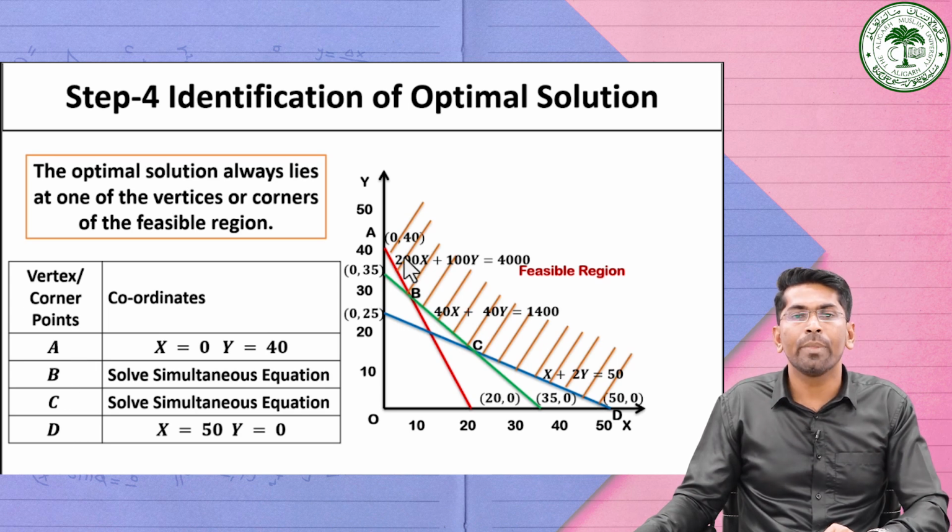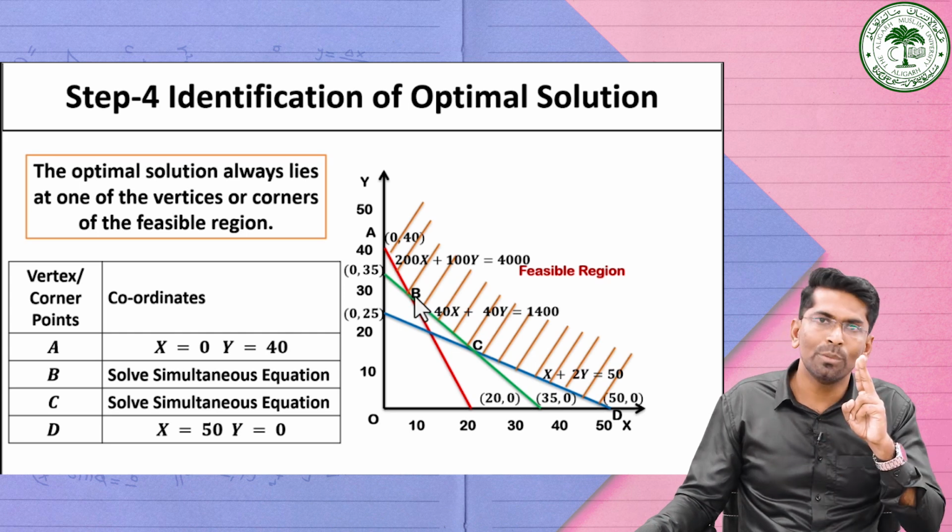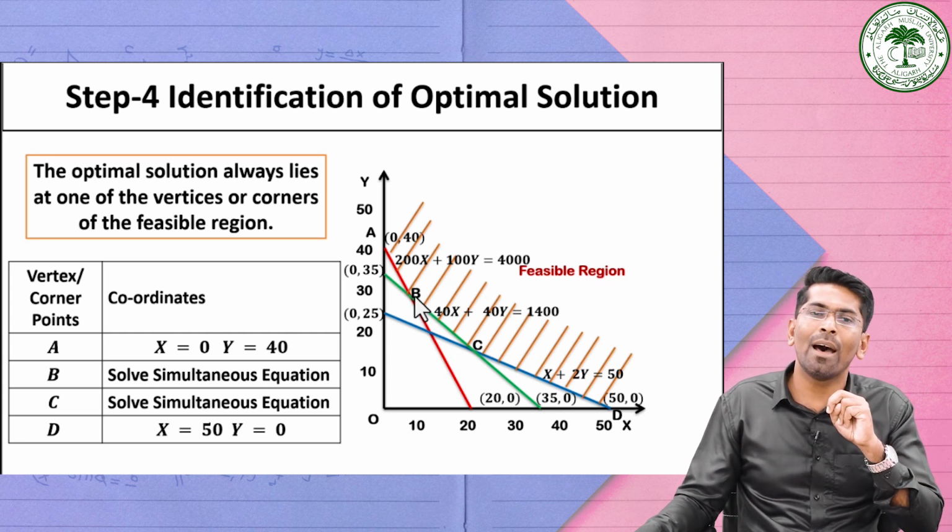At point A, the value of x is 0 and the value of y is 40. So I am writing here, at point A, x is equal to 0 and y is equal to 40. Similarly, at point B, two lines or two constraints are intersecting, the green line and the red line.